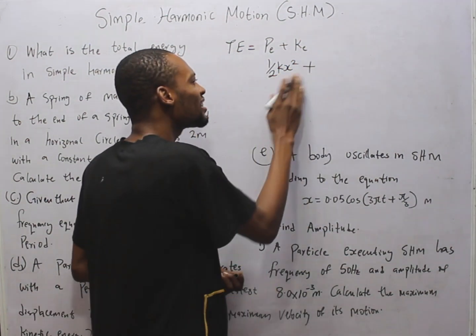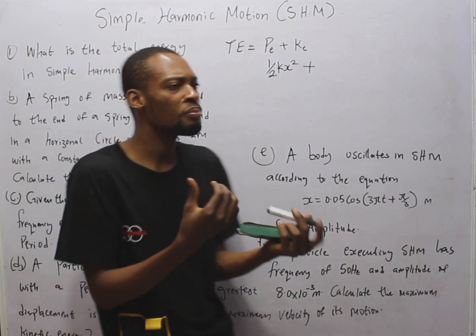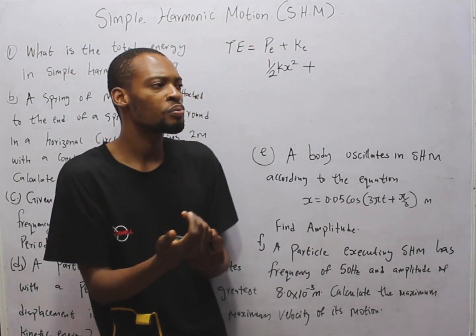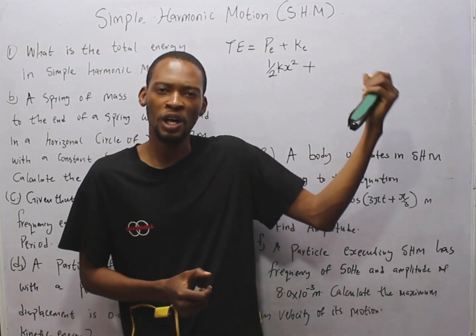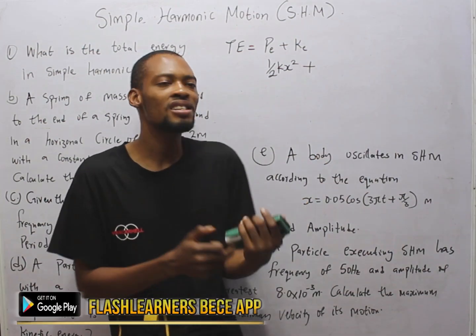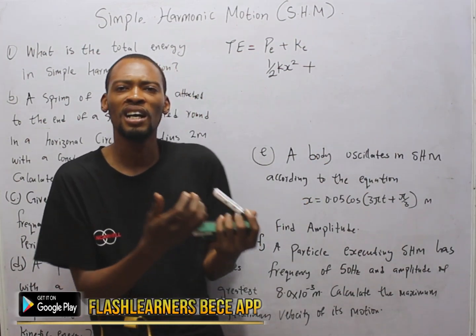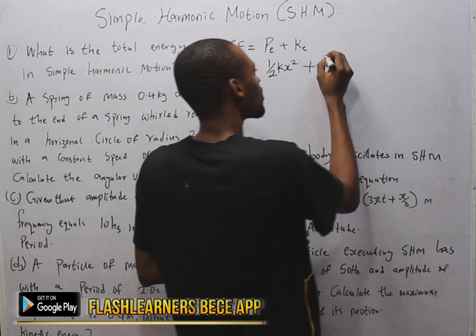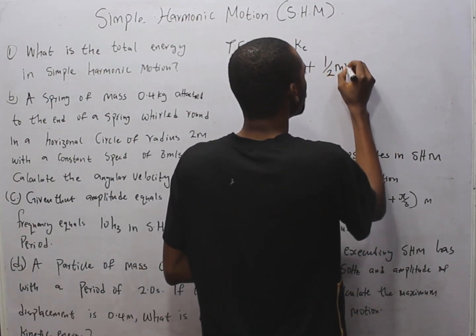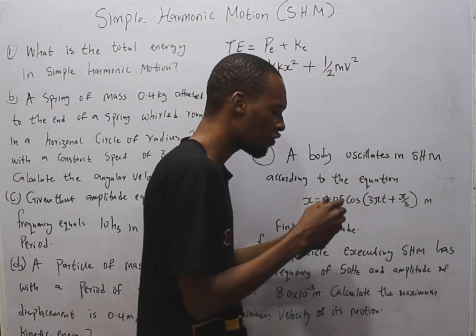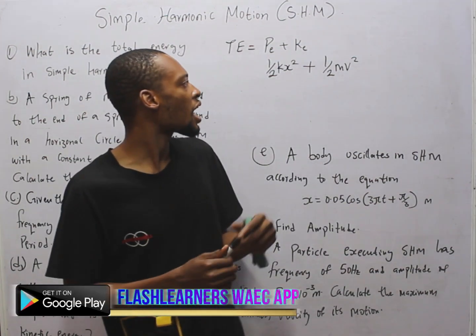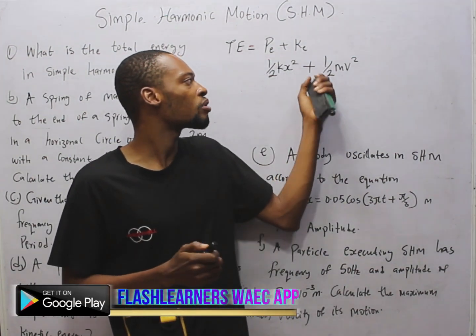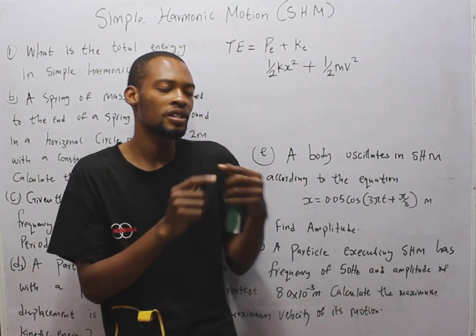Kinetic energy is the energy a body or object possesses due to motion. So in the process of motion in simple harmonic motion, kinetic energy is generated, and the formula for kinetic energy is 1 over 2 mv squared. Therefore, the total energy in simple harmonic motion is half ks squared plus half mv squared.